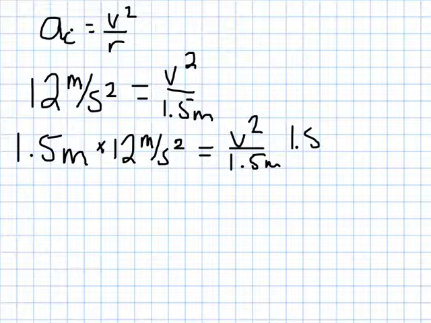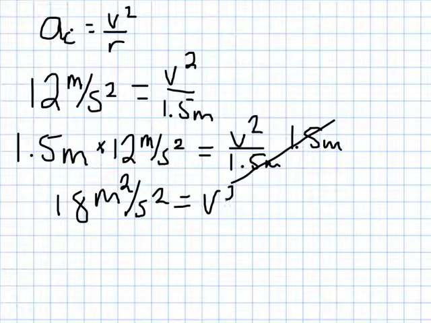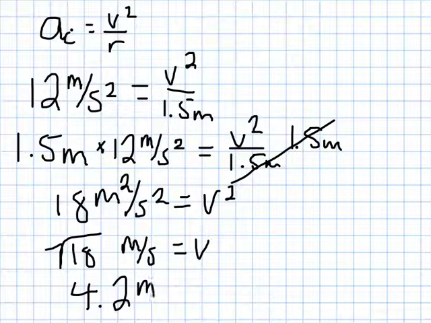That cancels out on this side and leaves me with 18 meters squared per second squared equals velocity squared. These units look funny, but remember this is equal to velocity squared, so we take the square root of 18, and that's going to be meters per second, and that works out to about 4.2 meters per second for the velocity.